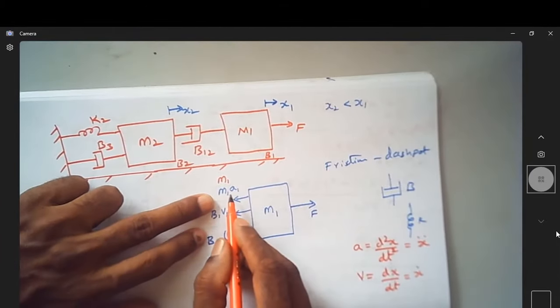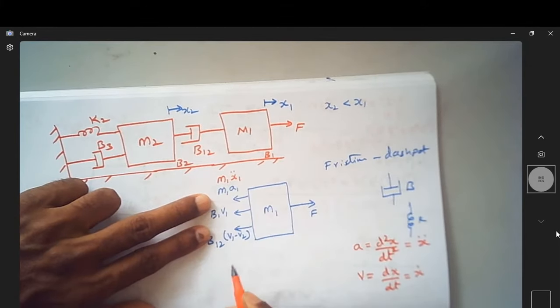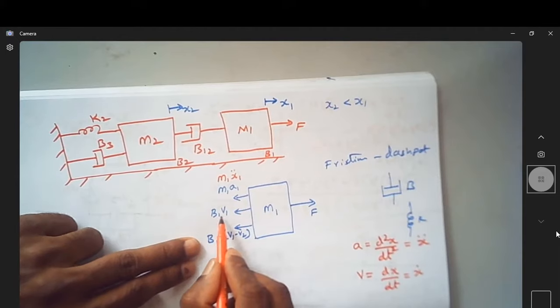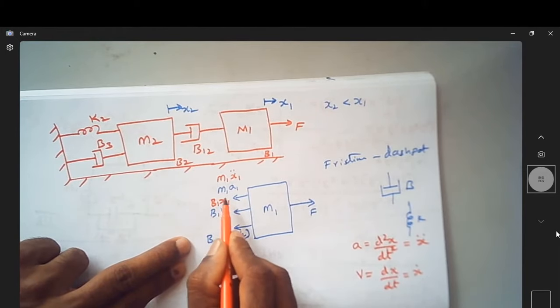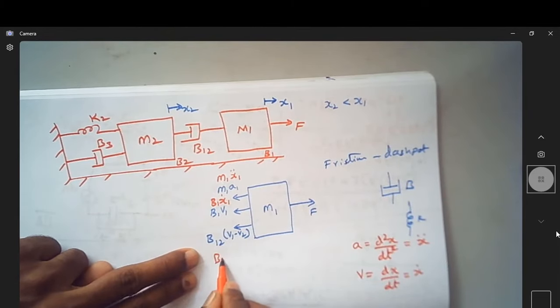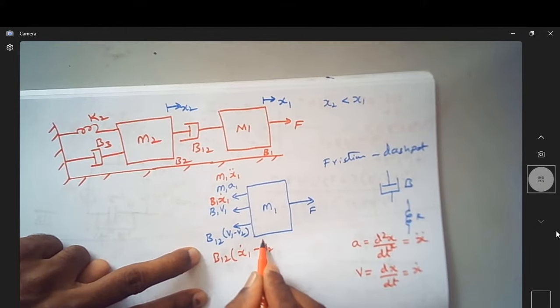Since this is acceleration, let me write it as m1 x1 double dot, and here it is b1 into x1 dot, and here it is b12 times x1 dot minus x2 dot.